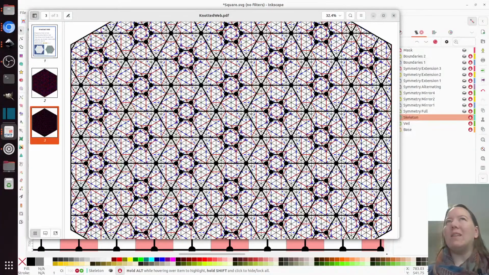So the skeleton is the tie between the crease pattern and the tiling. And it's specifically the connectivity of the skeleton, not the particular arrangement, like the orientation of each of the lines.